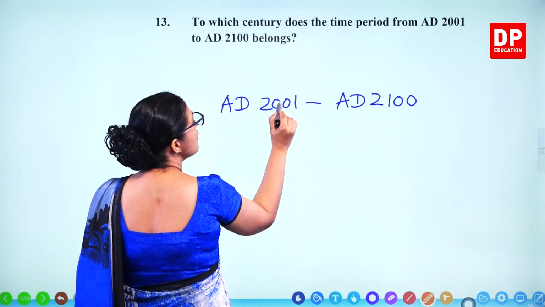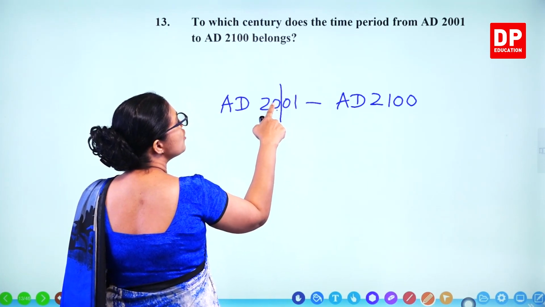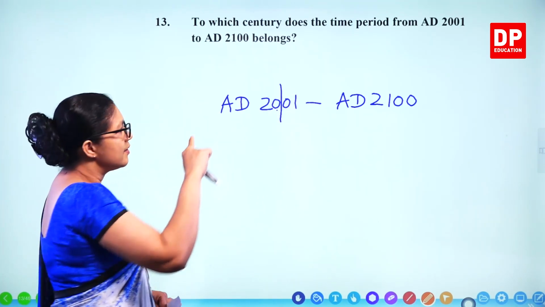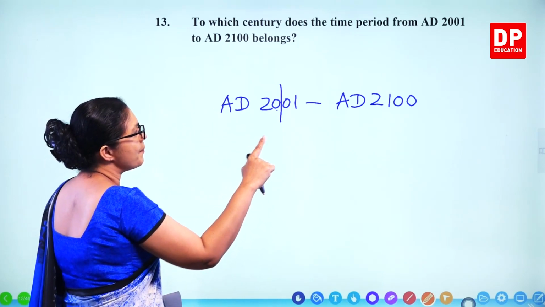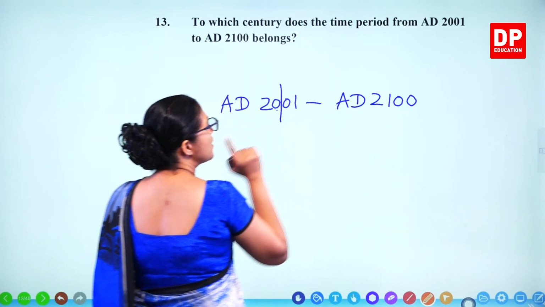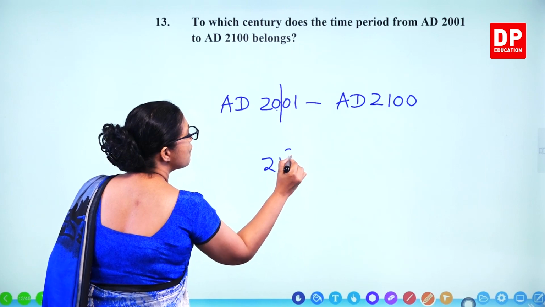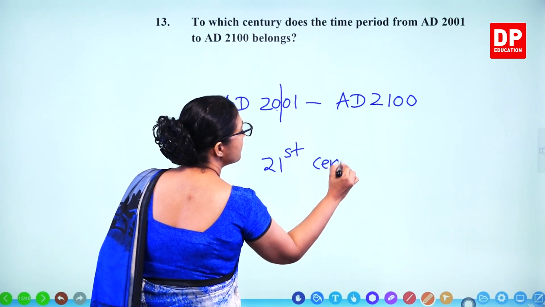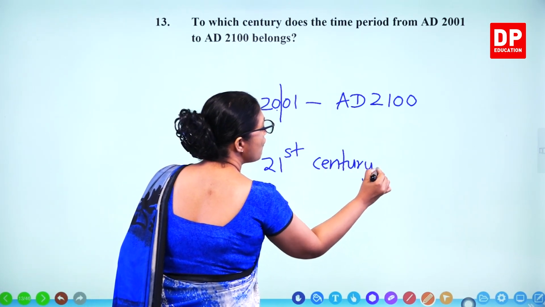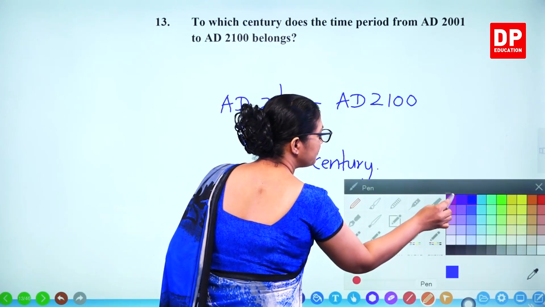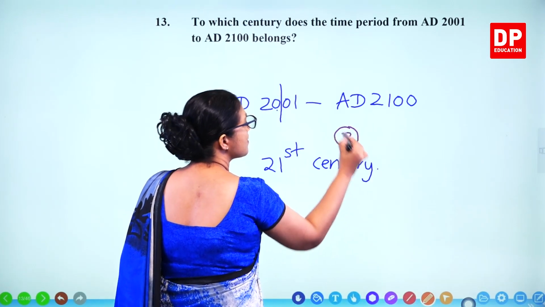So here when you divide by 100, you get 20.01. So that means 21st century. Here also, this is 21st. So this is 21st century. You have to divide by 100. 2 marks.